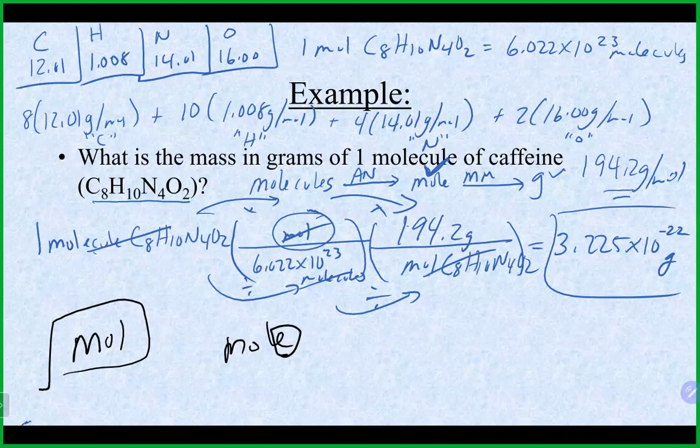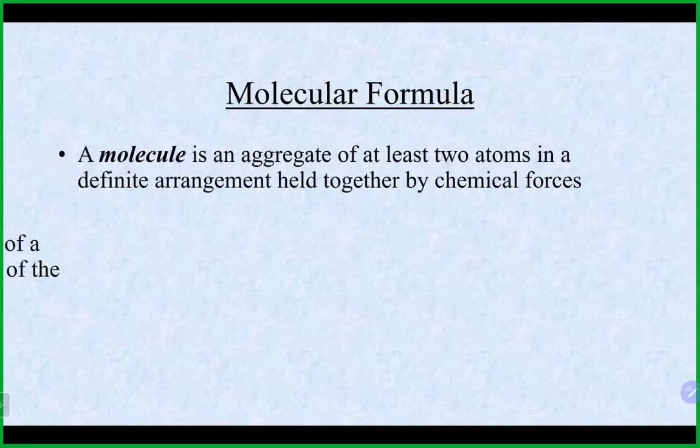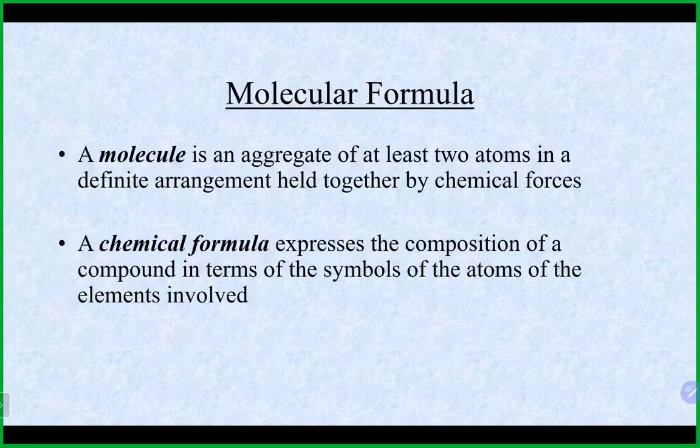Now that we talked about that, let's talk about how we get to those formulas. We'll talk about two different types of formulas. The first type, which is really important, is a molecular formula. Obviously, we talked about the idea of molecules: all you need for something to be a molecule is two or more atoms together.